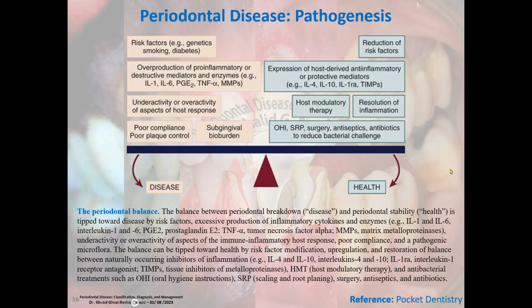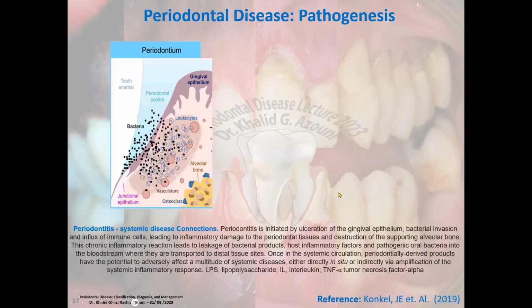In health, there are more of the healthy factors, host immunomodulatory therapy, for example, resolution of inflammation with improvement of oral hygiene, treatment like oral hygiene instructions, scaling and root planing, surgery, antiseptics, and in some cases antibiotics to reduce bacterial challenge. Altogether, this might tip the balance toward health and back to normal or reduced periodontium.